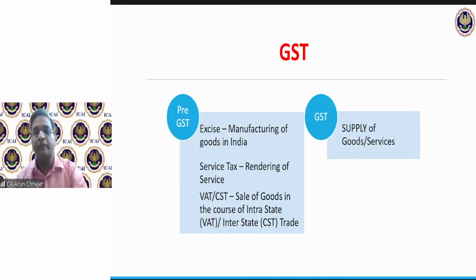Give me 3 examples for each category, the taxes which are subsumed in the GST and the taxes which are not subsumed in the GST. Okay, I'm waiting for the reply.